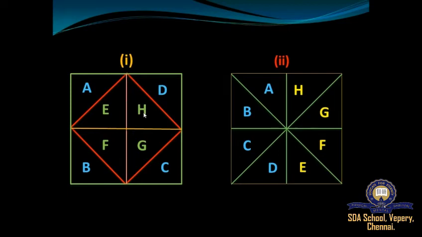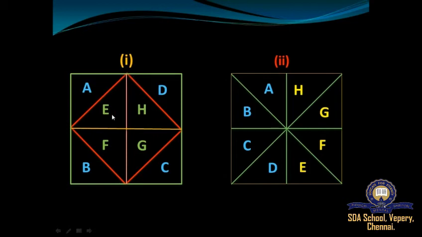Now taking the combination of E and F. When I combine E and F, I get one triangle, right? Likewise, when I combine G and H, I get another triangle. When I combine F and G, I get one triangle.